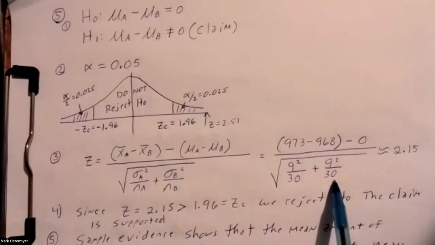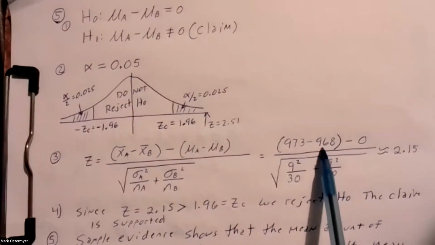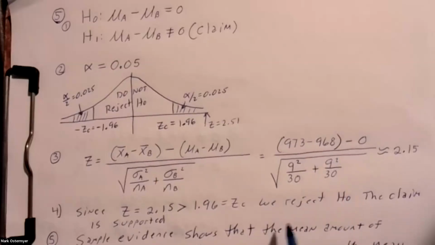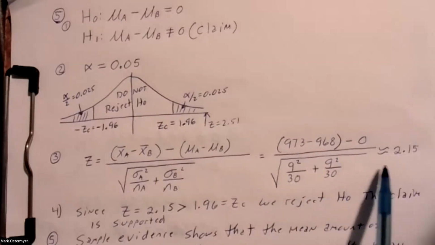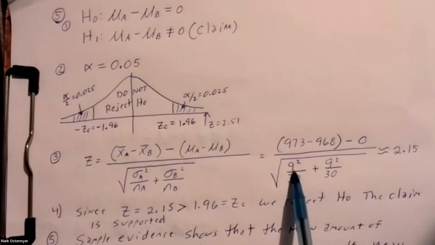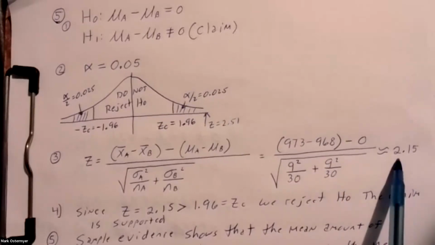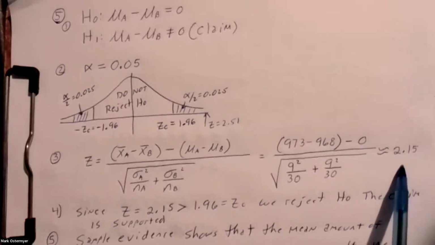From a sample of size 30 containers from theater B, the mean sodium was 968 milligrams. Now the standard deviation sodium amounts was 9 milligrams for each theater. Test statistic is about 2.15.